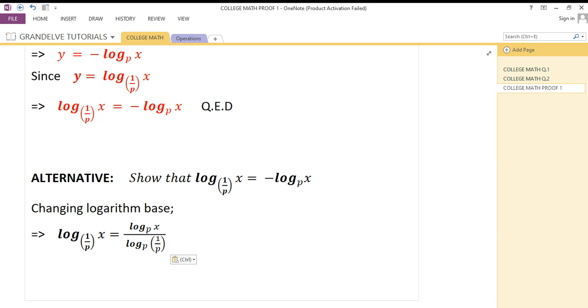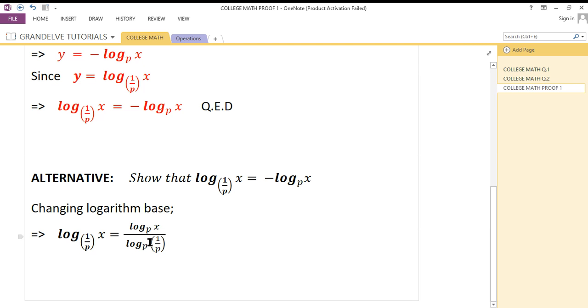What else can we say? Let's look at the denominator of the log expression here. You can see that, of course, the denominator is log 1 over p base p now.